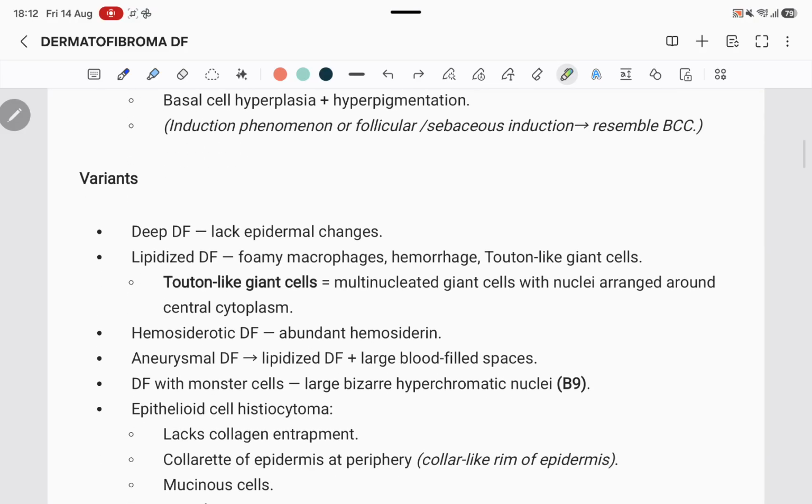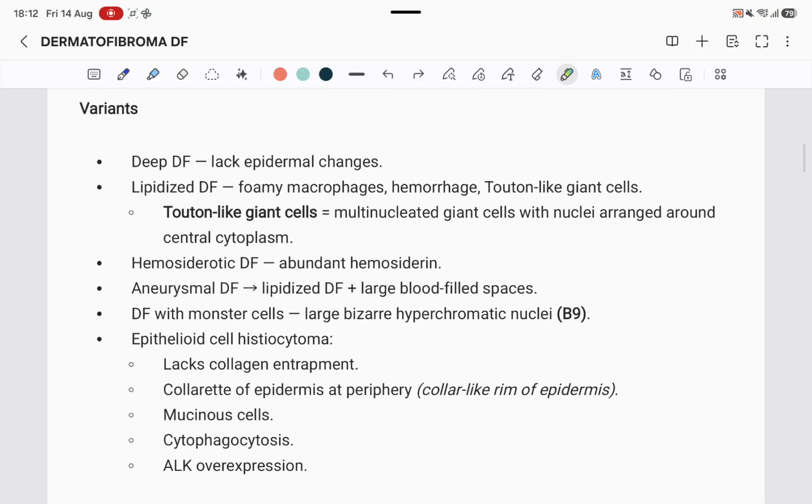If you get anything, that's all about the video. Variants are a lot and they are not very high yield, but it's nice just to throw them in. There is the deep dermatofibroma. It lacks epidermal changes because it's deep, so it doesn't affect the epidermis as much.